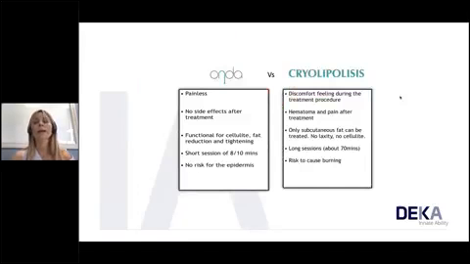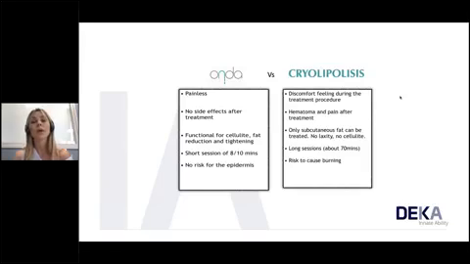And let's see the comparison with cryolipolysis. I have to confess that we love cryo and we have cryo in our clinic. The problem of cryo is the selection of our patients. Why? Because this system cannot be performed in patients in which the tissue is not pinchable, because the vacuum is not able to suck the tissue.